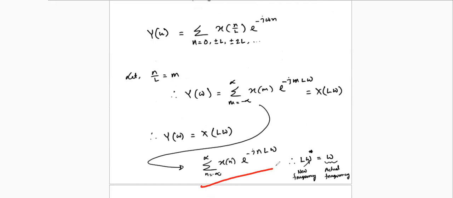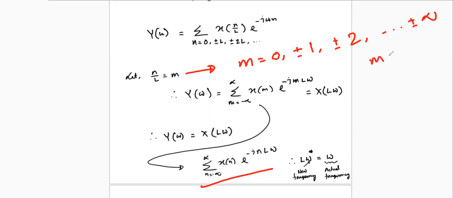I'm not converting to the m domain. If you can follow that, m is a dummy constant. Dummy constant means it can actually be any value, no problem with that. So n by L is equal to m. I have shown that. From there, I can find that the value of m is 0, plus minus 1, plus minus 2, and so on, plus minus infinity.